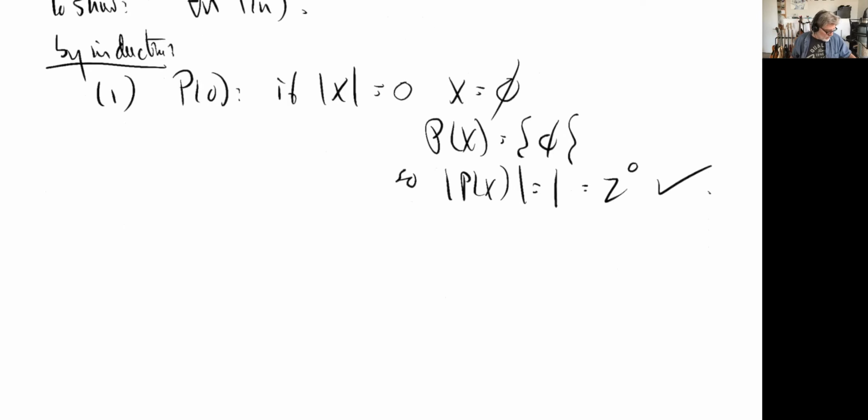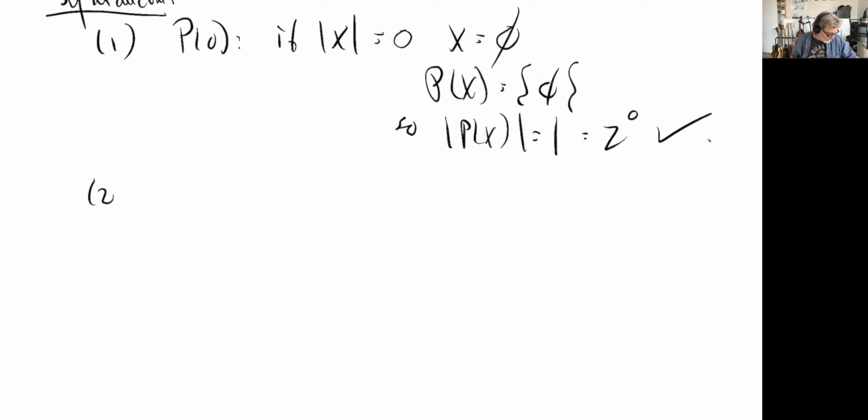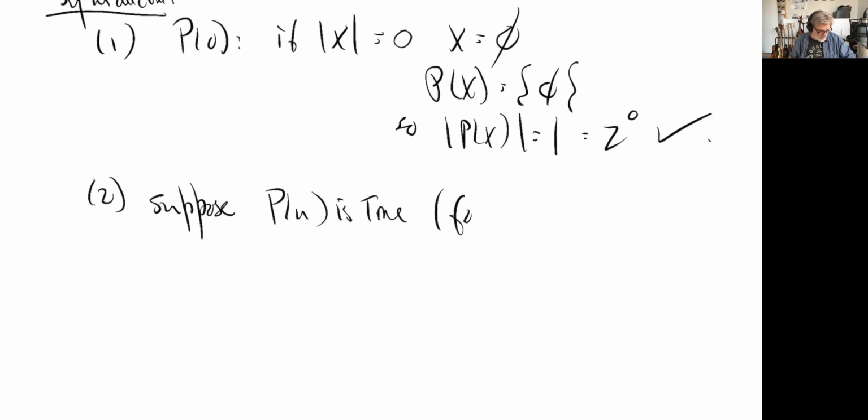Now I want to show that if P of n is true for some n, then P of n plus 1 is true. So suppose P of n is true. And again, not for all n, but for some fixed n.